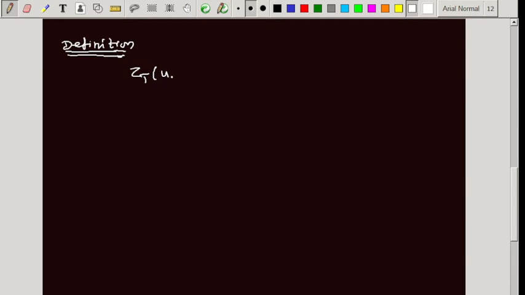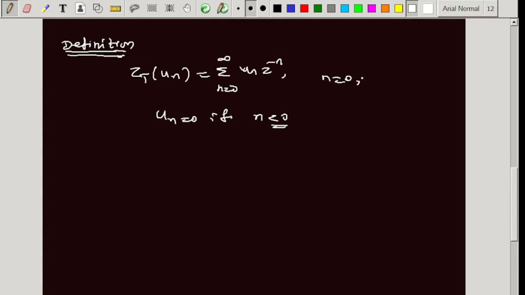The Z transform of un, where un is a function of n, can be written as summation n is 0 to infinity un into z power minus n. Here un is 0 if n is less than 0. So n is nothing but 0, 1, 2, 3, and so on.